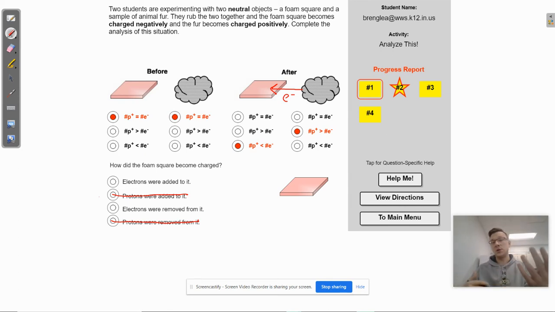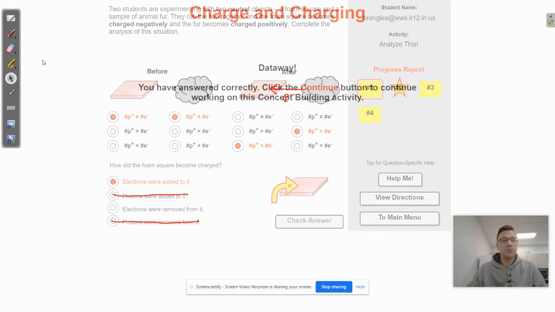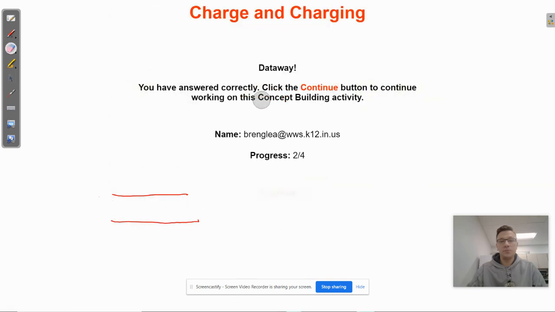Now there's more protons than electrons, so it's positively charged. It transferred its electrons over to the foam square, which would now have more electrons than it had protons. So this says, how did the foam square become charged? Electrons were added to it from the fur.